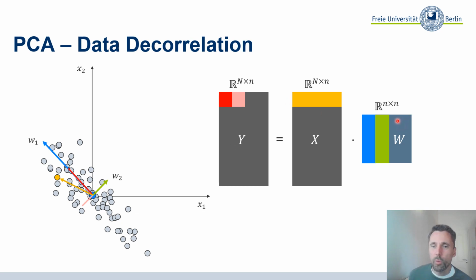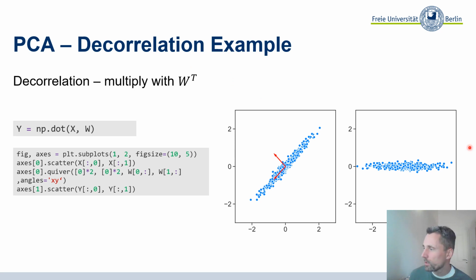So by multiplying all these W vectors here to the same X gives us a number of coordinates which are in the coordinate frame of our principal components, and therefore if we plot them in our Cartesian coordinate system here again, so x1 is the first component, x2 is the projection on the second component, it will look like this. So this is a decorrelation of the previous decorrelated example.